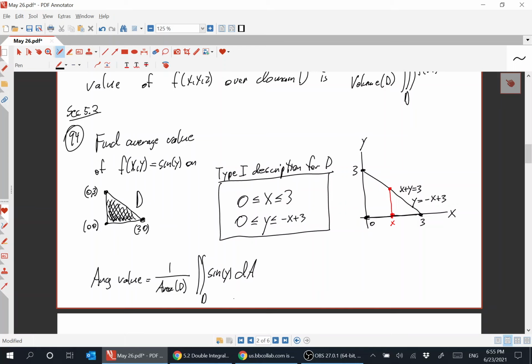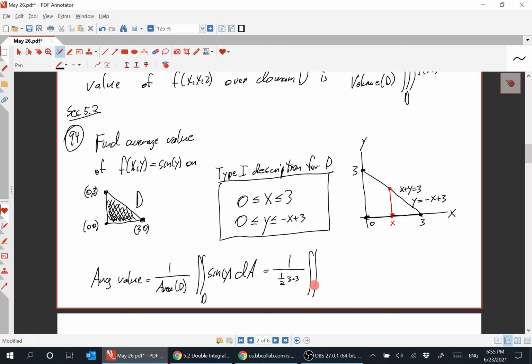Well, what's the area of D? Well, it's just a triangle, so we know what that area is. It's 1/2 the base times the height. Right, so it's 9/2.